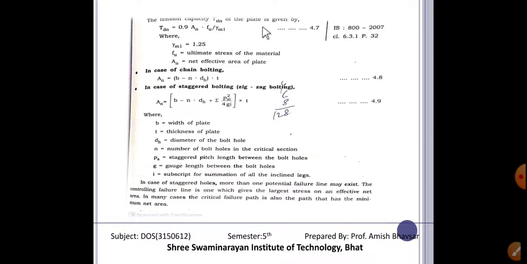Now, the equations are here in case of chain bolting and in case of zigzag, means staggered bolting. From this we can get the net area AN, and that we have to put in all our equations of TD. Clear?